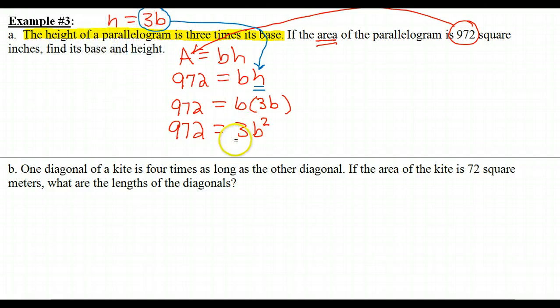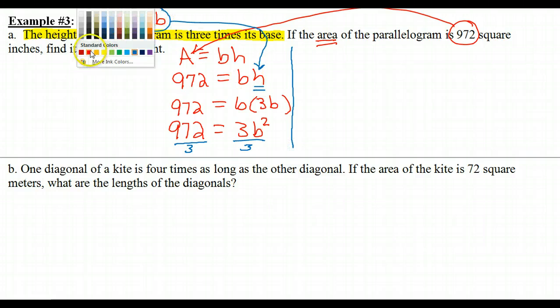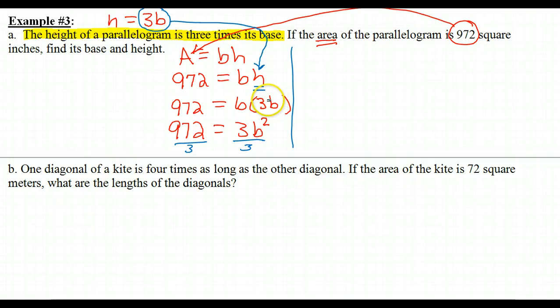Now to solve this, I need to get b by itself. So I would definitely want to divide both sides by 3. If you divide by 3, you're going to get 324.